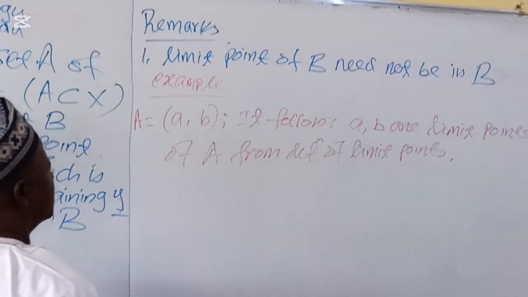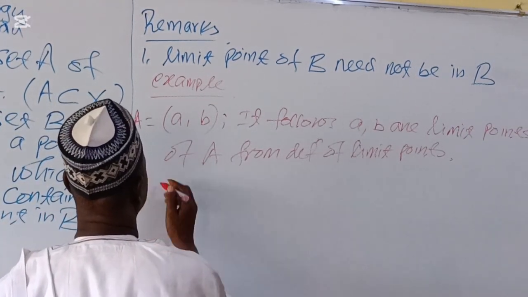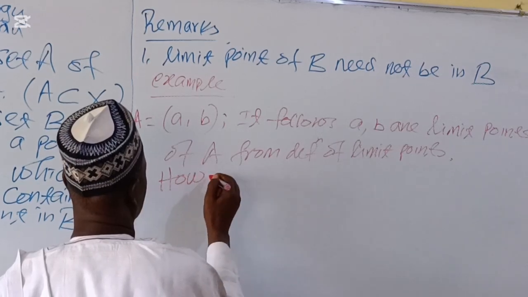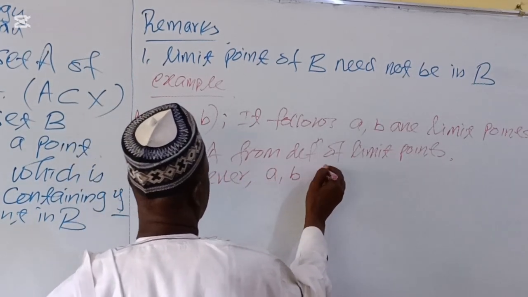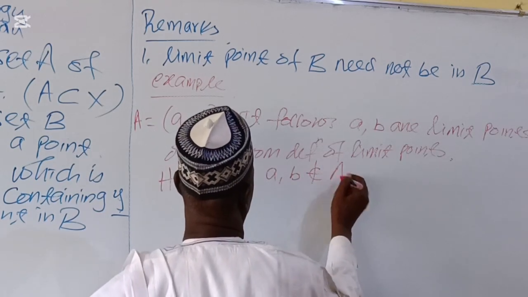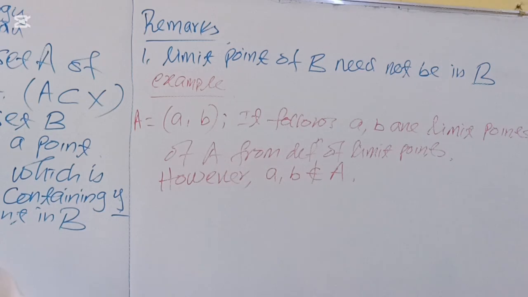But you can see, however, A and B are not in the interval, because it is an open set, isn't it? So it's not necessary that the limit point of a subset is a member of that set.